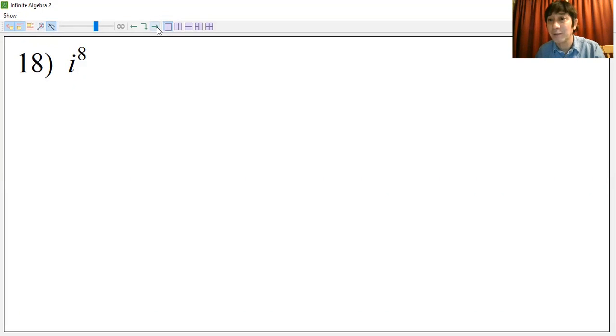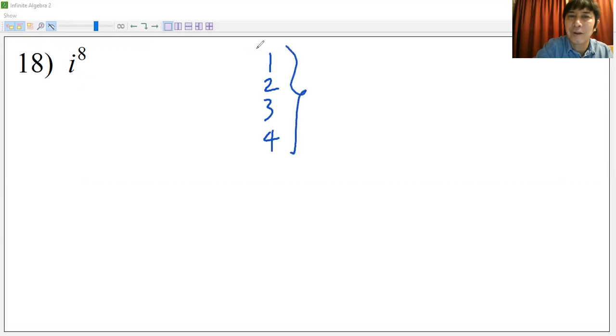I to the 8, that's a positive 1, of course, from what we did a while ago. Listing I to the 1, I to the 2, I to the 3, I to the 4, this is the first 4. Then I to the 5th, 6th, 7th, 8th, this is the next 4.